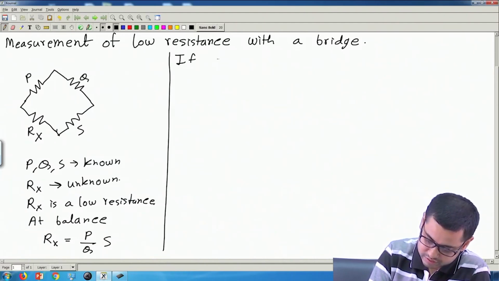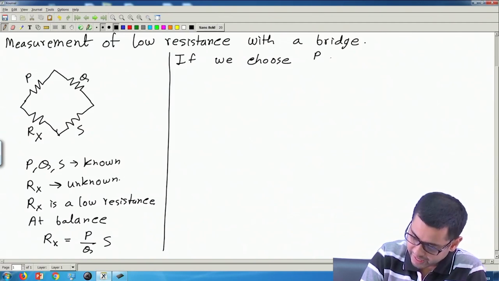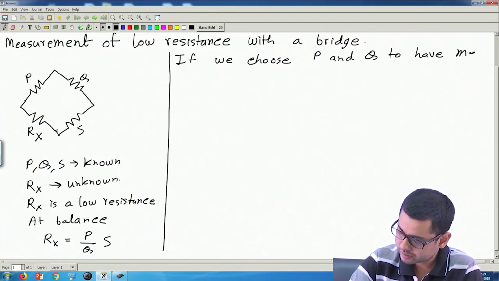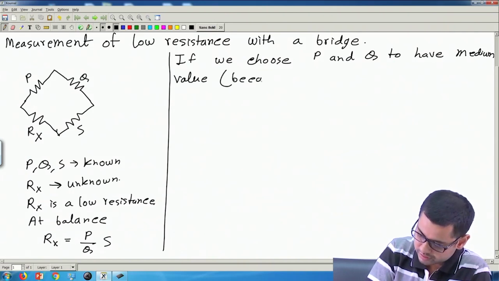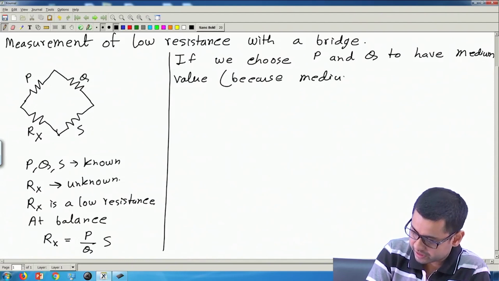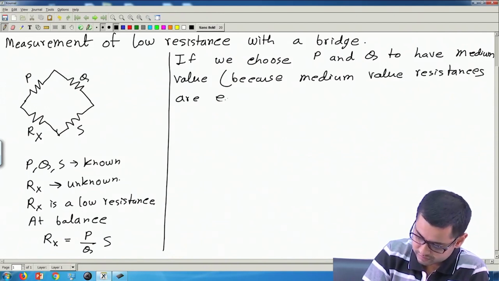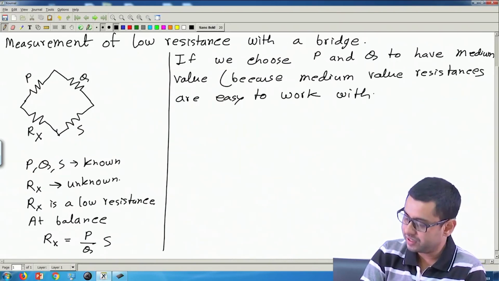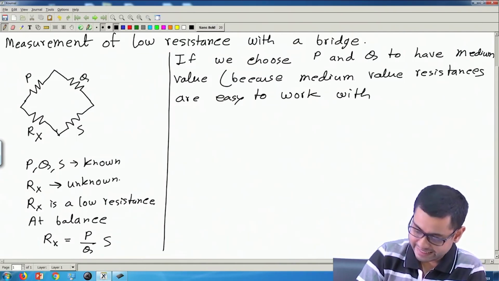So, if we choose P and Q to have medium value, because medium value resistances are easy to deal with, because contact resistance and terminal resistance are negligible compared to the main resistance itself.